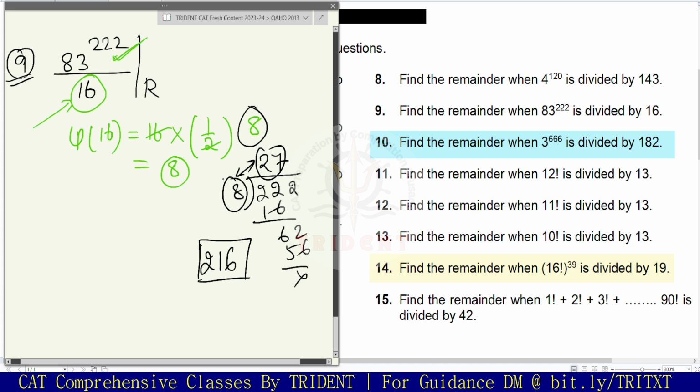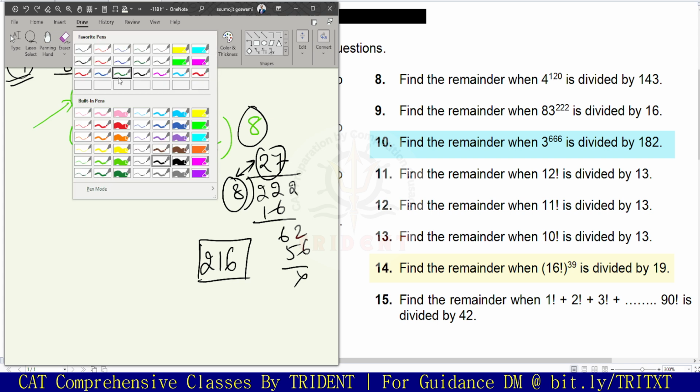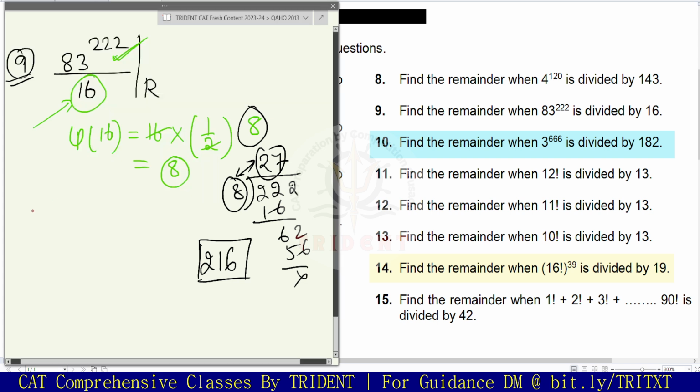What I'm trying to tell you is that if I rewrite the expression, let me change the color to some other color to make it a little visually appealing. What I'm asking you to look at is 83 raised to 8 into 27, that is 216, and how many will be left?